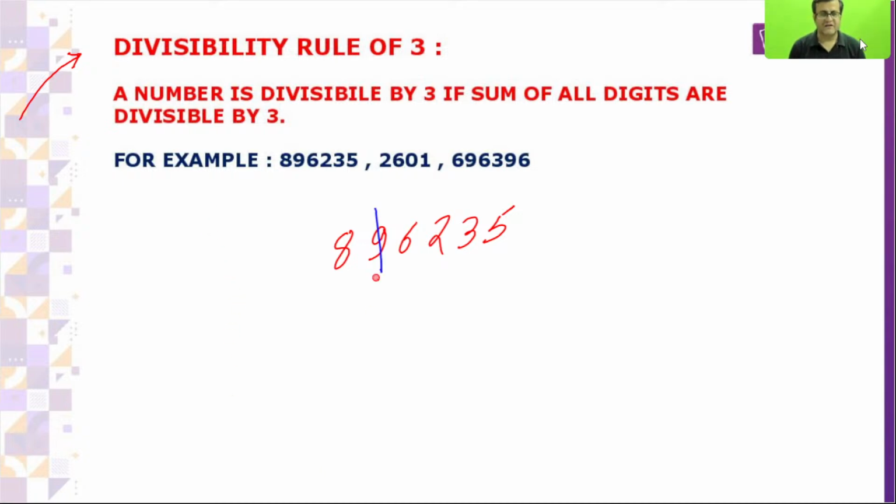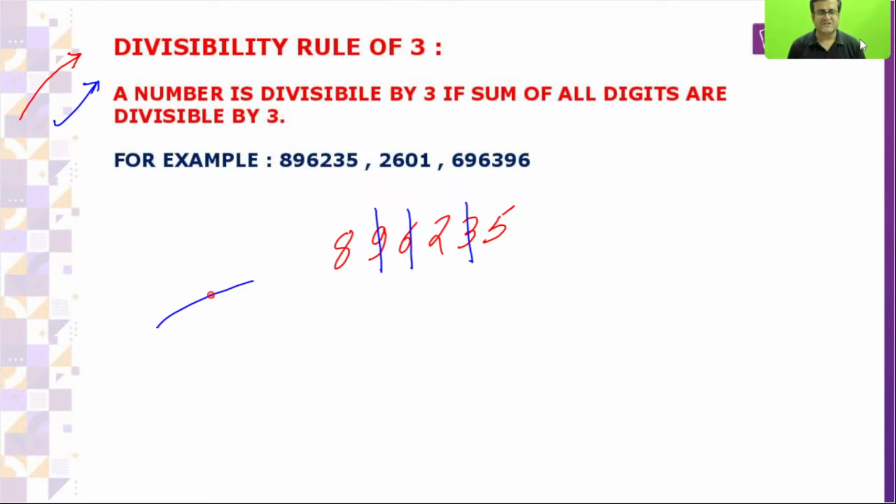In books, this is the only thing they have mentioned: if the number is divisible by 3, the sum of digits should be divisible by 3. You can add all digits, but in fact I'm giving you a better way to do that.